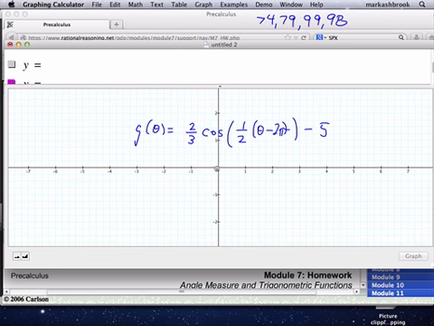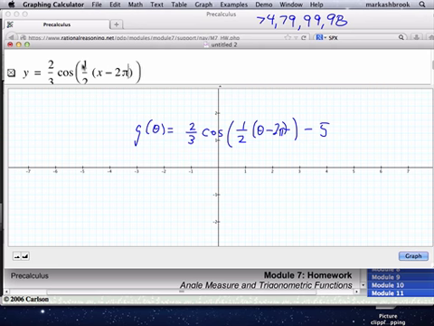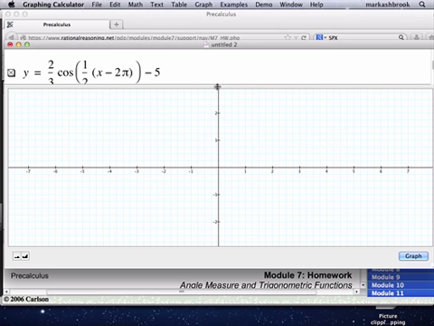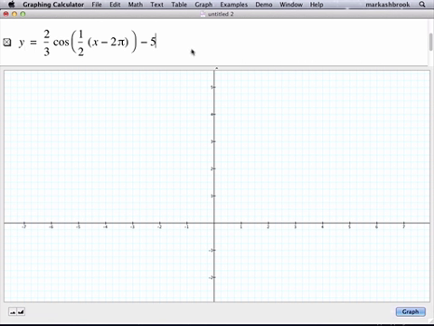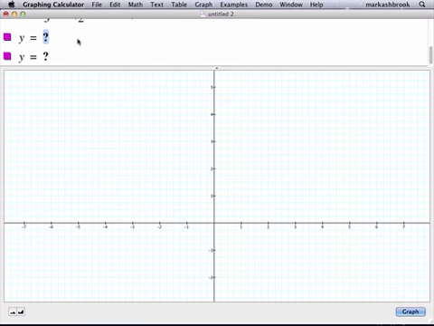First thing, we'll just write that down here: 2/3 cosine of 1/2 x minus 2 pi, minus 5. Is that what we said? All right, cool. So what do we do first? Midline. Where's the midline? Midline's at -5. So let's graph that.